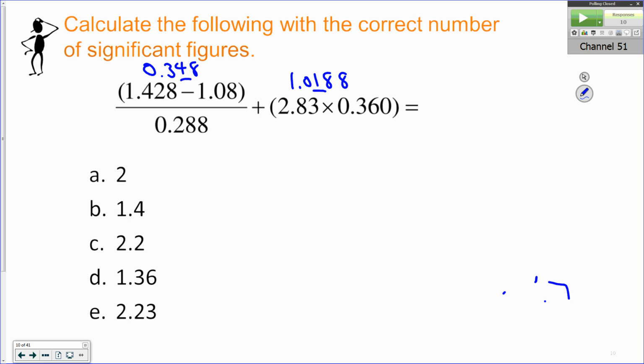Now I'm going to do my division on the left-hand side again, and my calculator spits out 1.208. I'm doing division. How many significant figures on this one? Weakest link's 2.